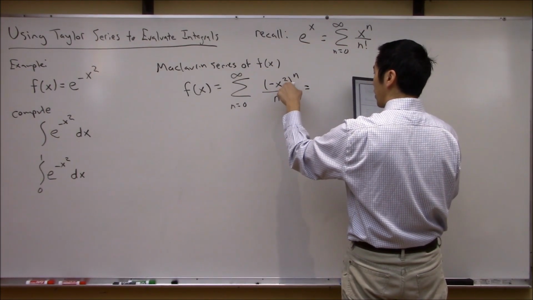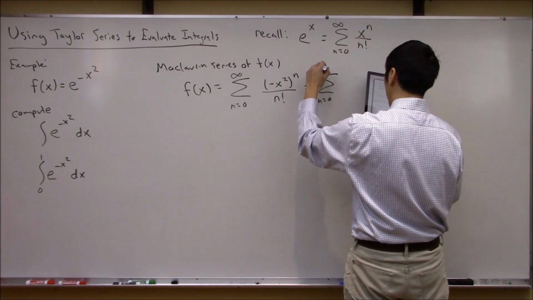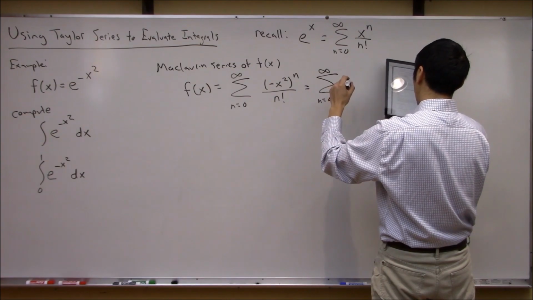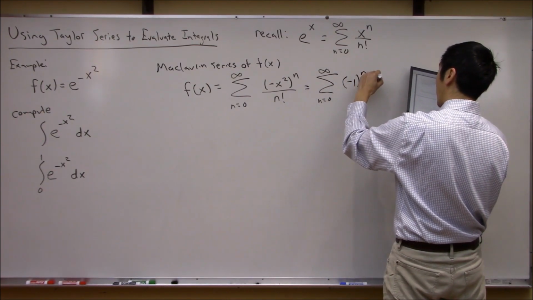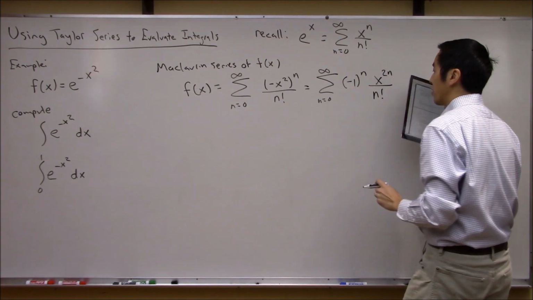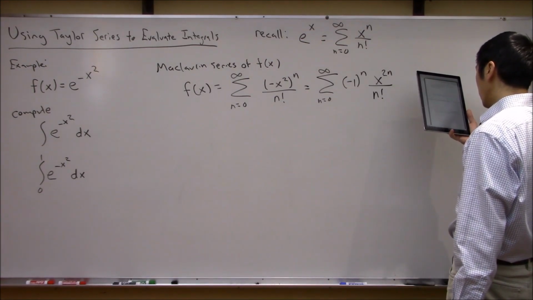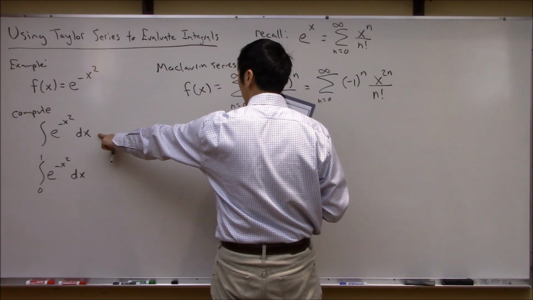If you were careful with the negative ones, you could rewrite this as the sum from n equals 0 to infinity of, basically pull out the negative 1 to the front, negative 1 to the n, and then you get x to the 2n all over n factorial. I think that's the same thing. Okay, great. So armed with this, let's compute this first integral.